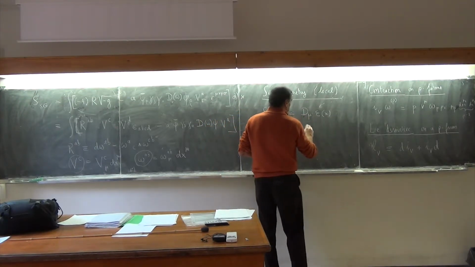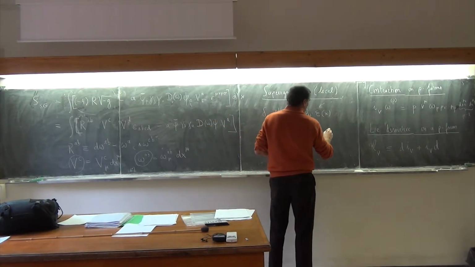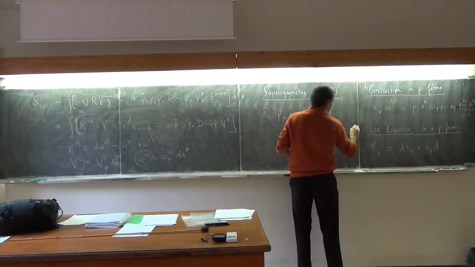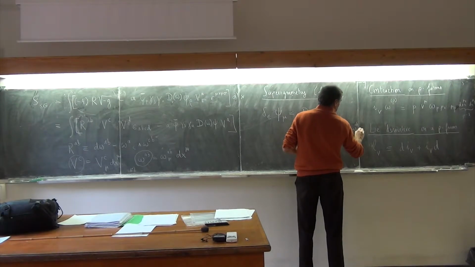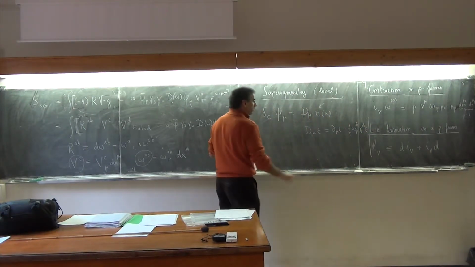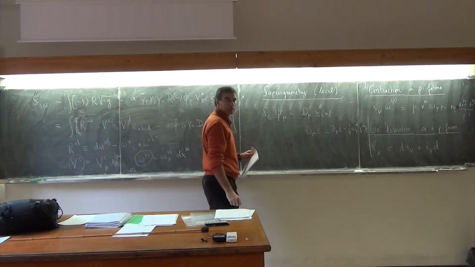The covariant derivative being defined, as we already said, by minus 1/4 omega AB mu gamma AB on epsilon. This is the definition of the covariant derivative.